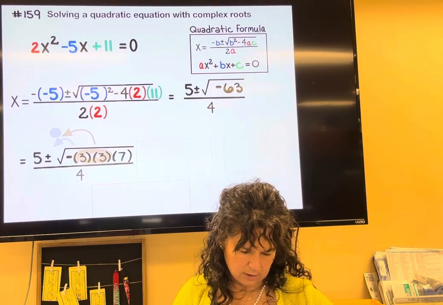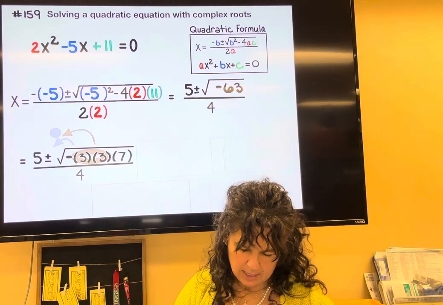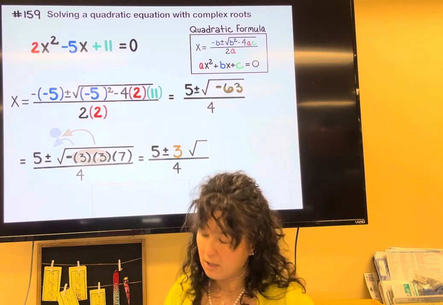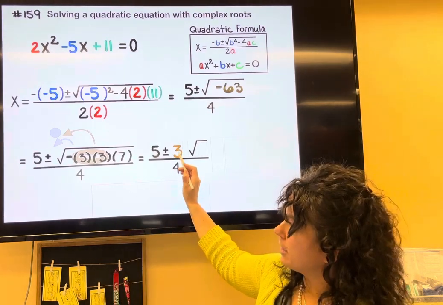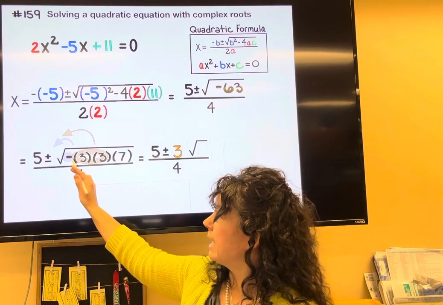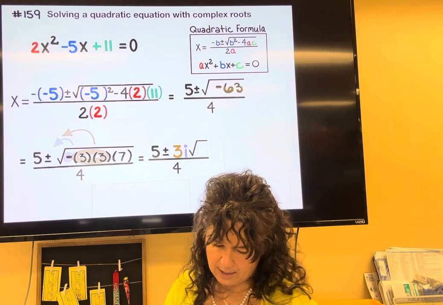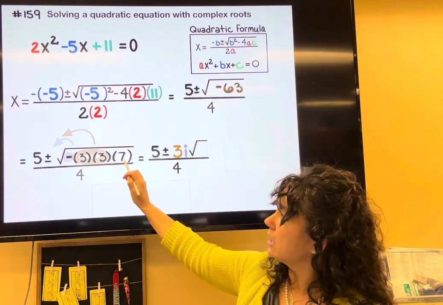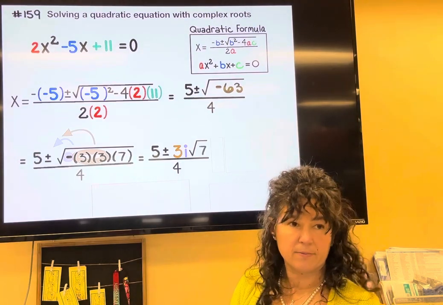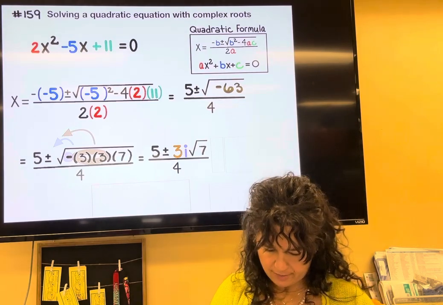So this pair of 3's, I'm going to end up with a 3 coming out front, and then this negative is going to come out as an i. And then what's still left over underneath there is the number 7. So we kind of have everything we need, but we're going to reformat this.